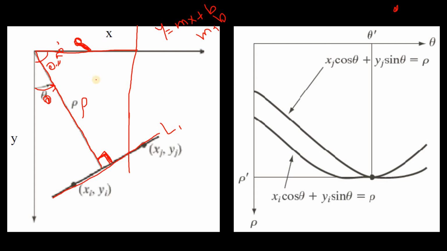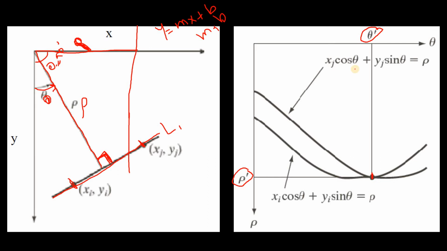Here you see the example. You have these two points, xi, yi and xj, yj. Corresponding to them there are two sinusoidal functions, and they intersect at one location, which gives us our desired values of theta and rho.